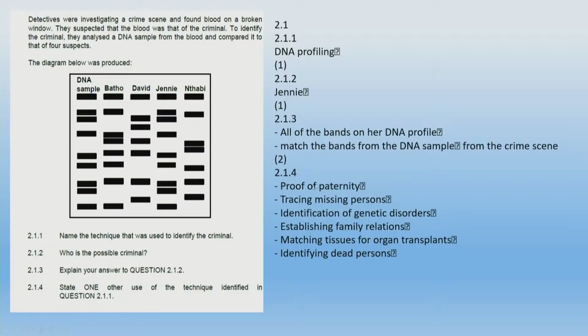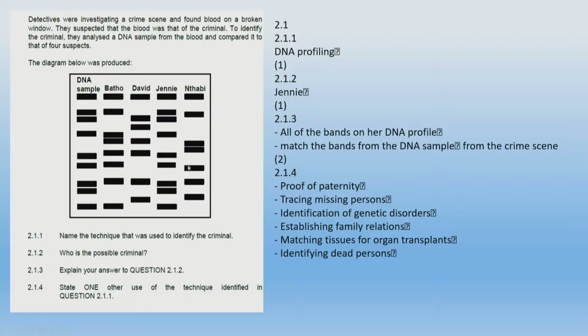Not just paternity, but proof of paternity; tracing missing persons; identification of genetic disorders. Let us write full sentences here, because that is also a very technical point where the learner only writes paternity, but the memo says we need proof of paternity.